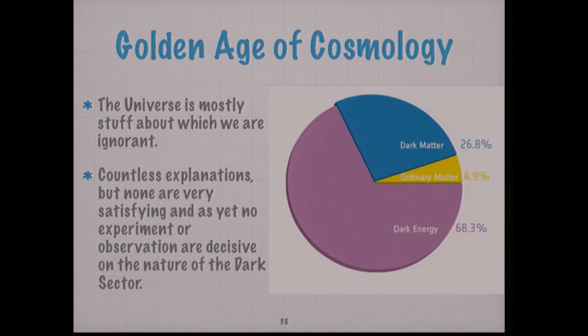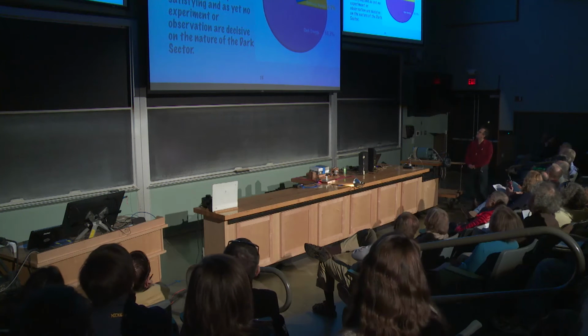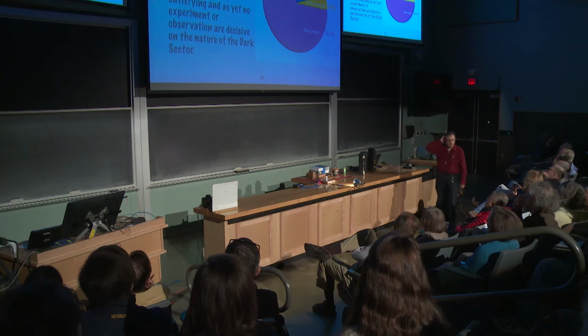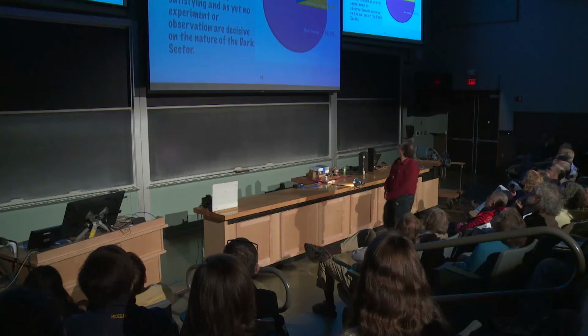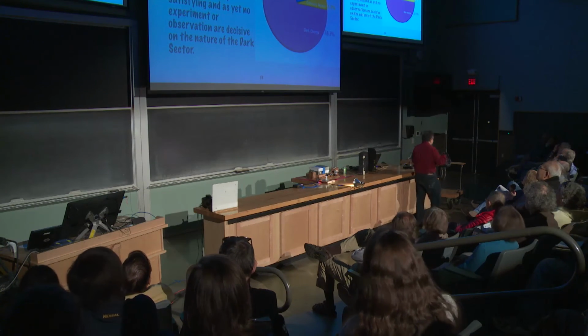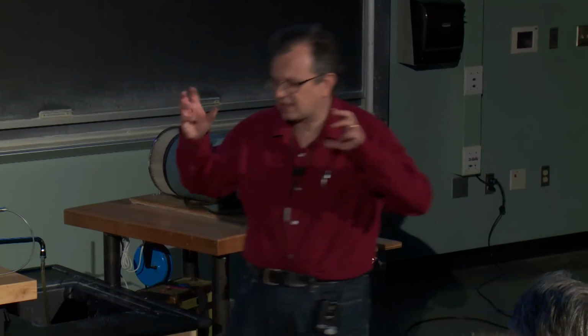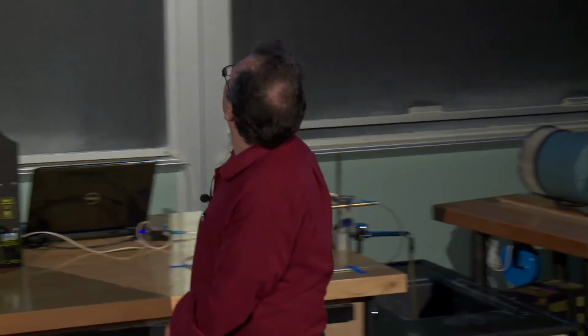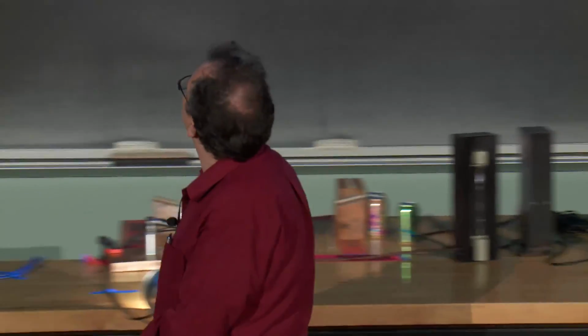I'd point out that this time that we live in is called the golden age of cosmology, and it reveals what's in our universe. It's about 5% ordinary matter, and the other 95% is a bunch of stuff that we don't know what it is. So it reveals that we don't really know anything, right? Or we know very little, or we know 1/20th of what we wish we knew. Dark matter, this mysterious form of matter that holds galaxies together, that we can see patterns of in the universe, is about 5 times bigger as a makeup of the universe.